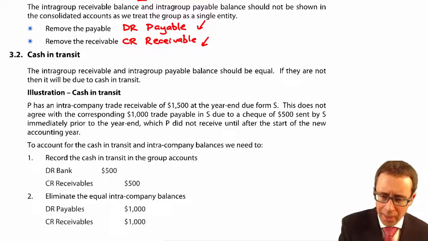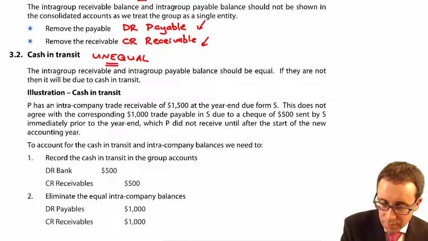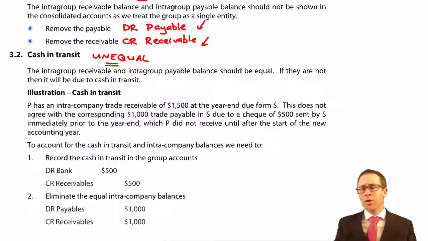When we go through there and look at your cash in transit, that is when we have unequal balances. Okay, so what you tend to have there is that the receivable will be showing an amount and the payable amount will be different.